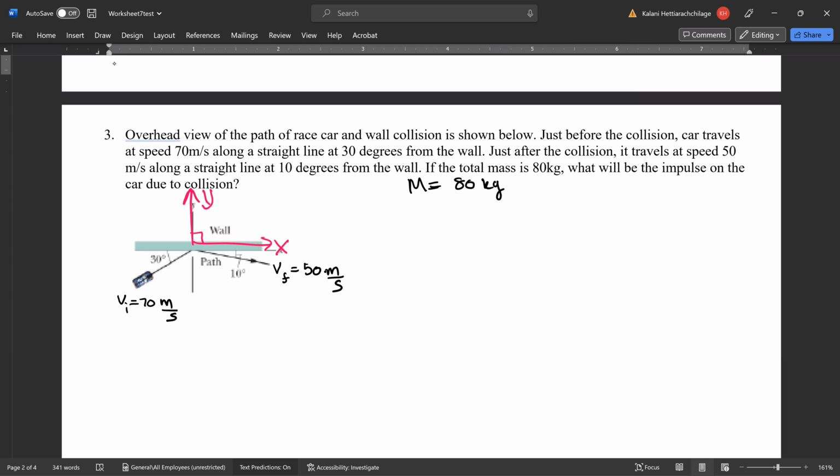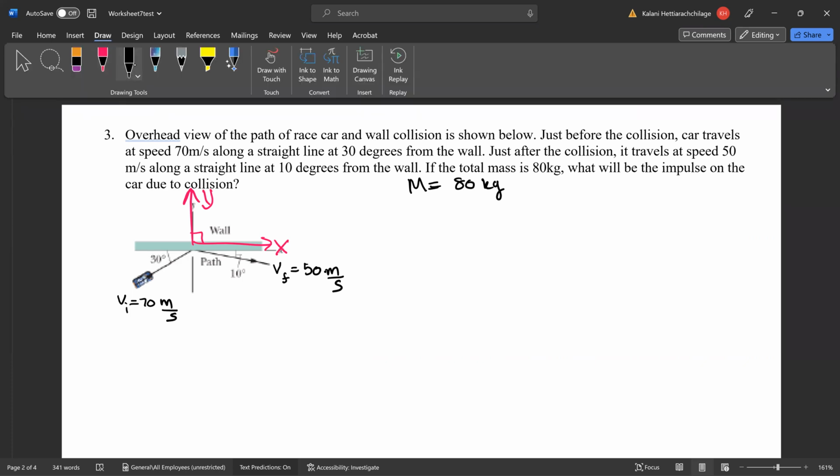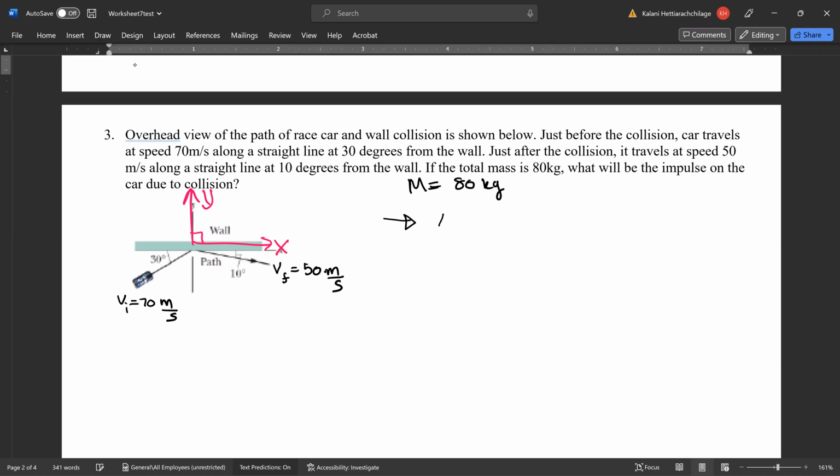Change of momentum in the x direction and in the y direction is needed in this problem, right? So let's write the x direction change of momentum. What is the change of momentum in the x direction? That means momentum final in the x direction minus momentum initial in the x direction, right?